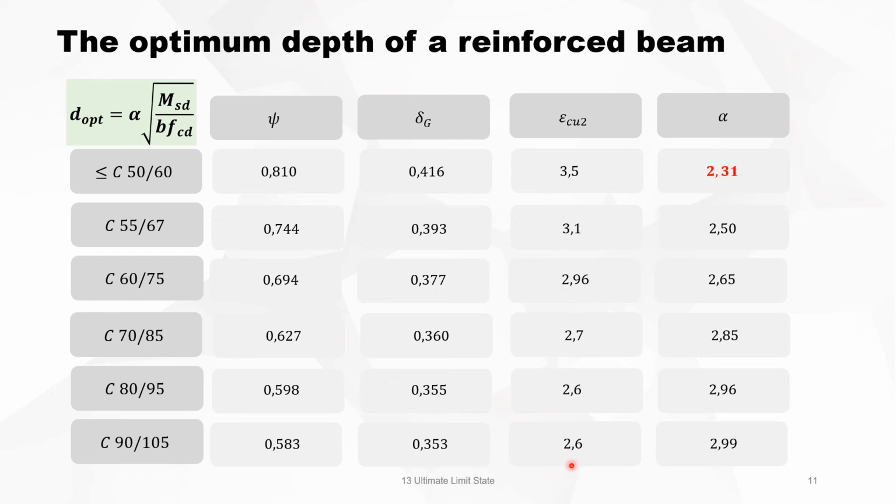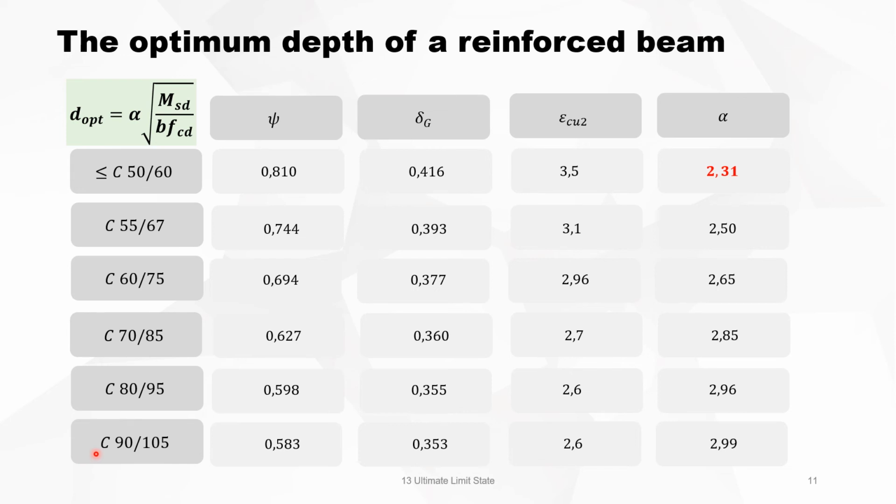It gets less and less ductile when you have a high strength concrete. And then in the formula of the optimum, the coefficient alpha, we know already from previous lessons that for C50/60 it's 2.31. You will see that this number changes with increasing concrete quality.